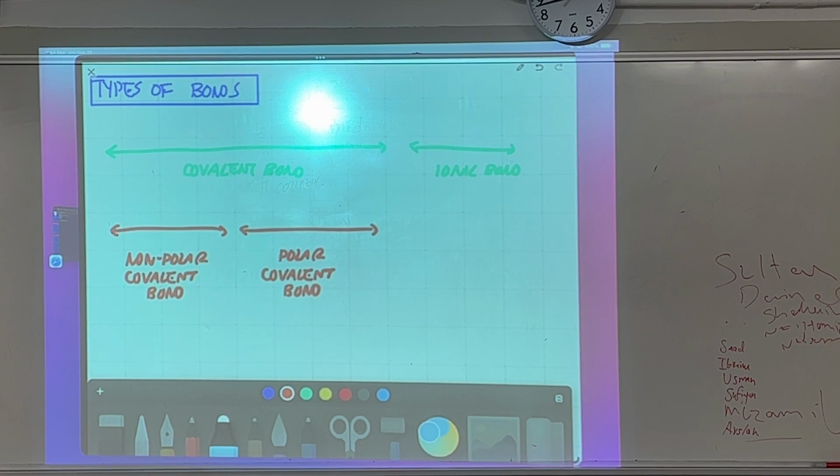So this is what I wrote under. Okay, so you can put down the name of this bond in here. When you see uneven sharing of electrons, that's what we call a polar covalent bond. And when you see even sharing of electrons, that's non-polar covalent bond, because covalent bond basically means sharing. So whether you're sharing the electrons evenly or unevenly determines whether you have a polar or non-polar bond.